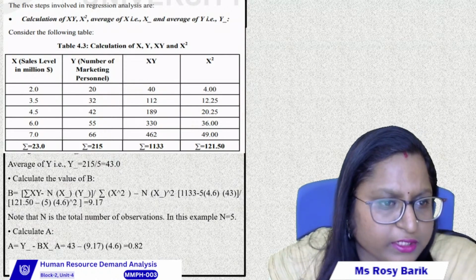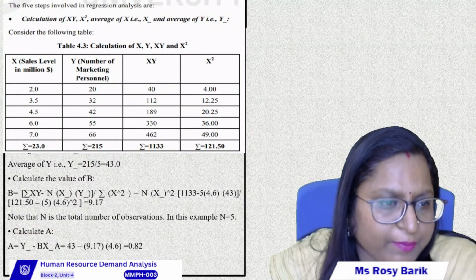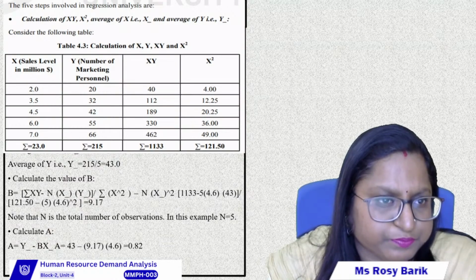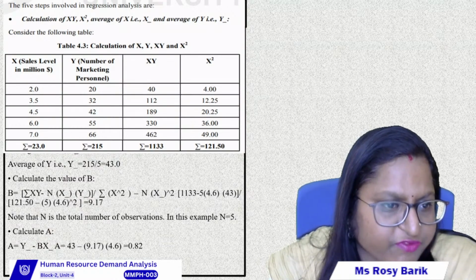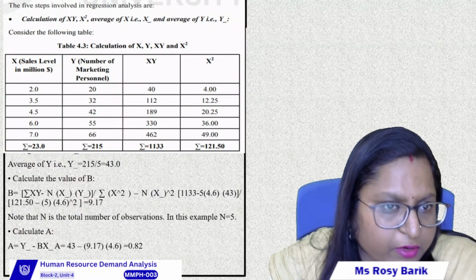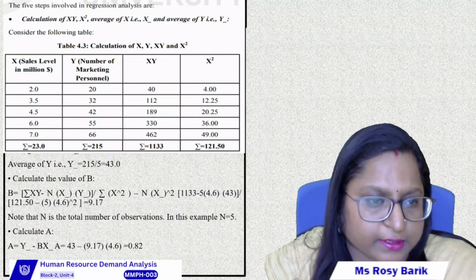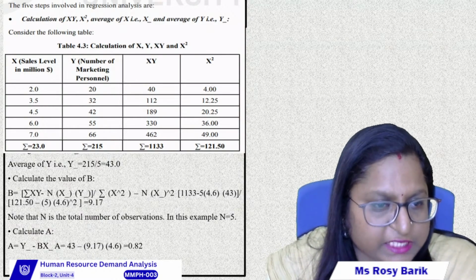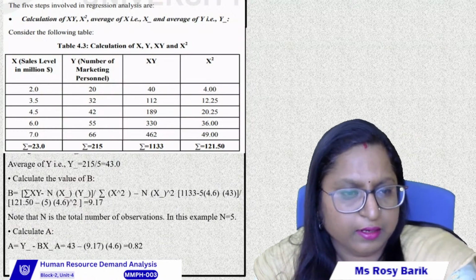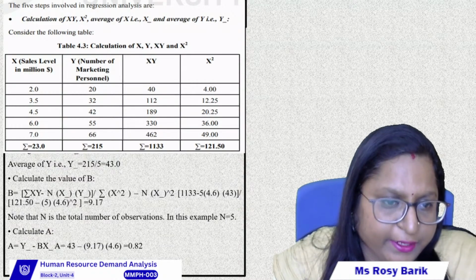And if we calculate the value of a, a is equal to y bar minus b x bar. Here the y bar is 43 and b value is 9.17, that has been calculated here, and the x bar value is 4.6. By putting in the formula we can find out the value of a is equal to 0.82.